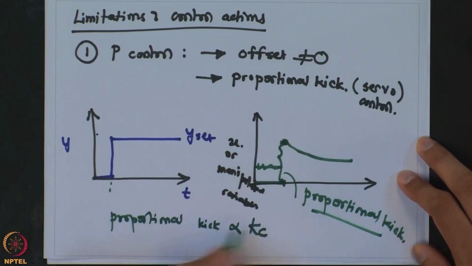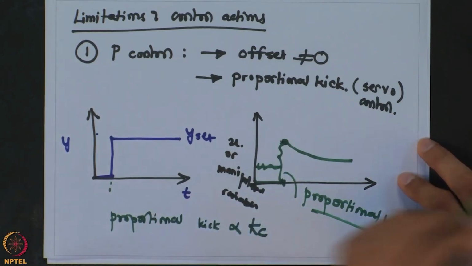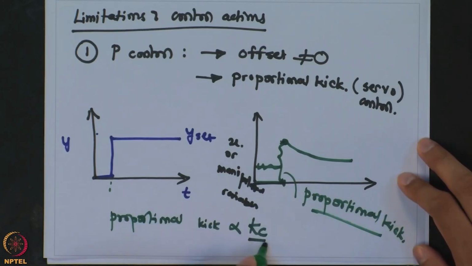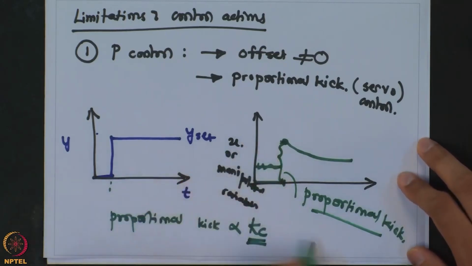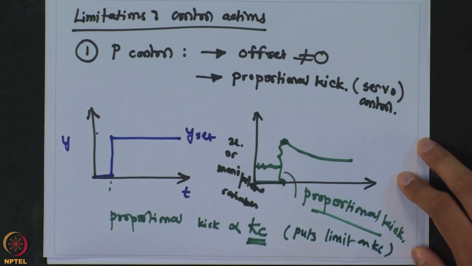is proportional to the controller gain. So again it tells me that the higher the controller gain I go with, higher in terms of magnitude, the proportional kick will become bigger and bigger. So again that puts a limit on the value of Kc I can go with, because we had seen that for a P controller, the higher the controller gain, the smaller is the offset.